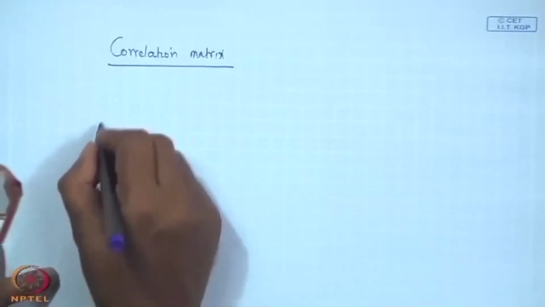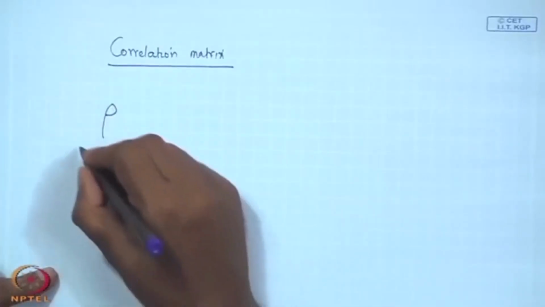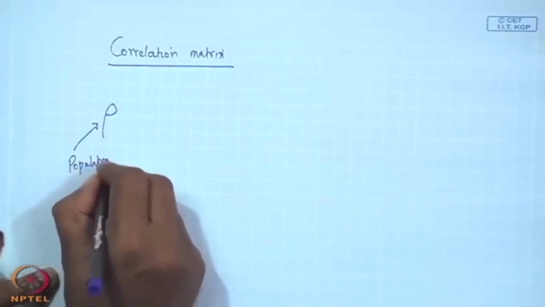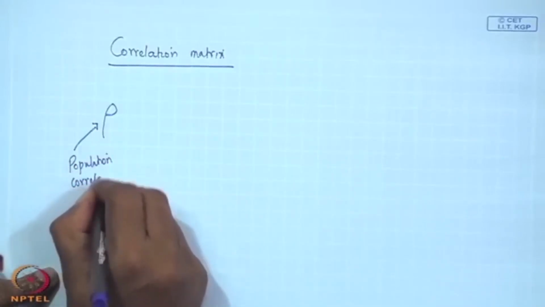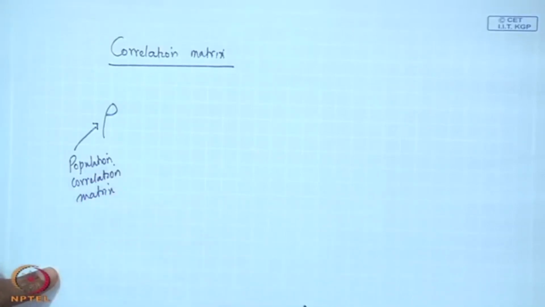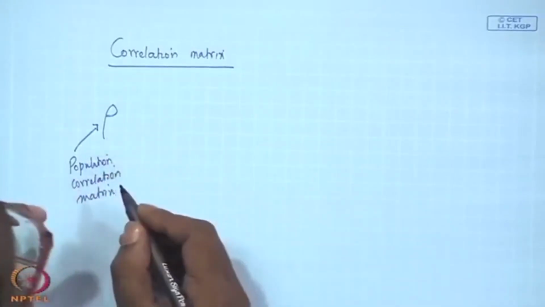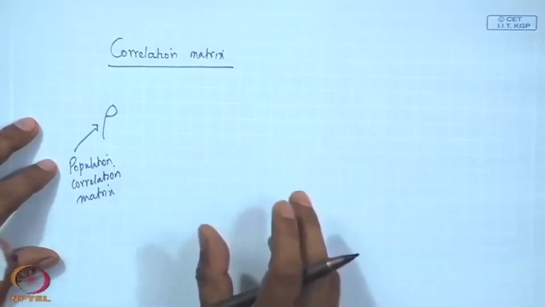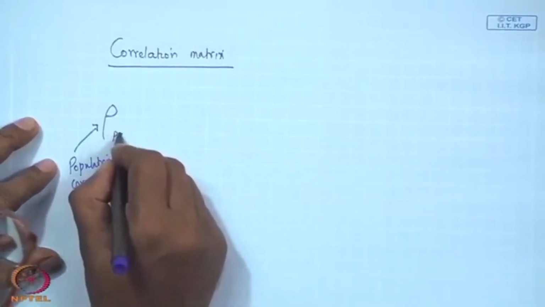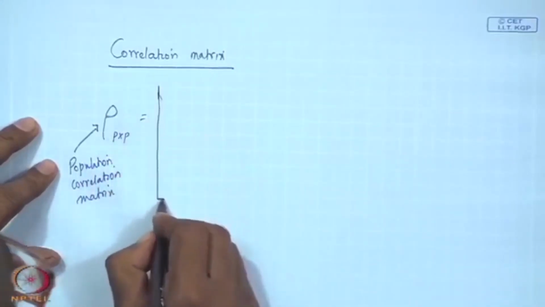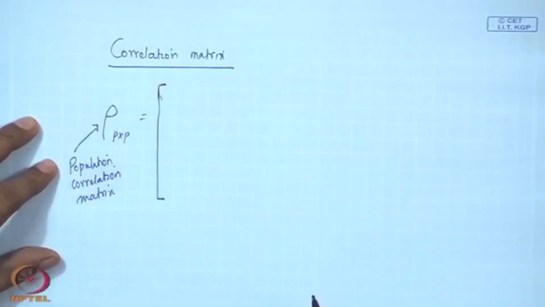Now, the population correlation matrix is denoted by rho. This is the population correlation matrix, correct. If the population is characterized by p variables, then you will get a p cross p matrix for the population correlation matrix, like the p cross p population covariance matrix.